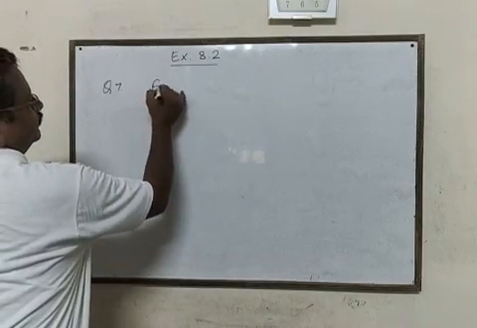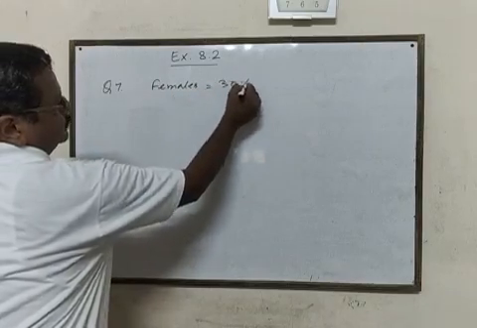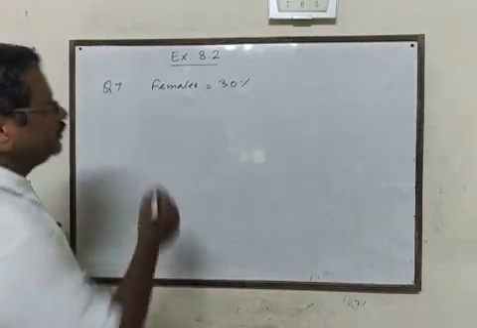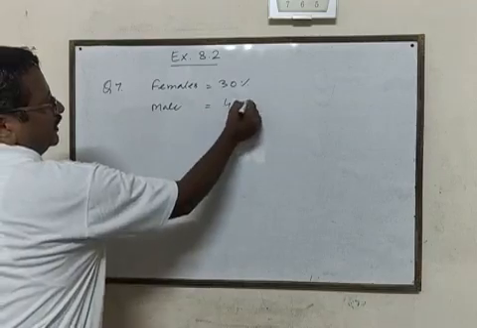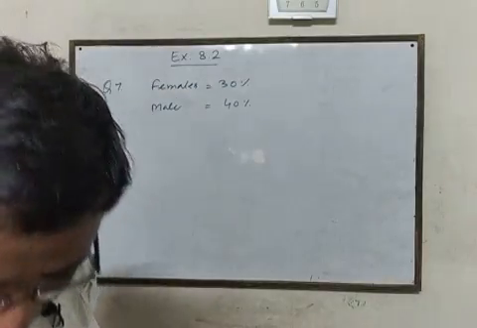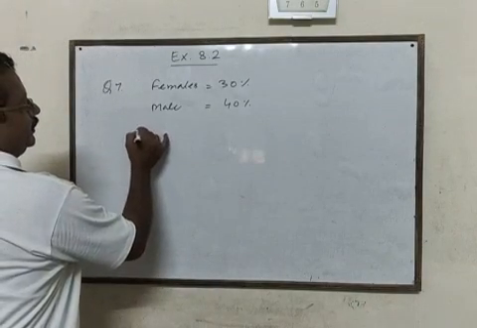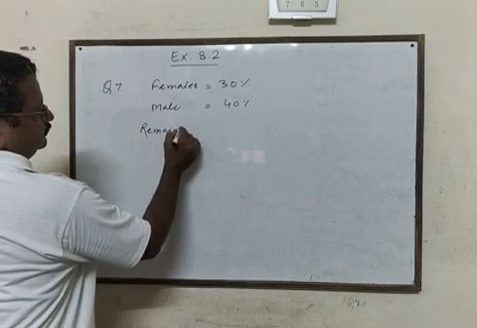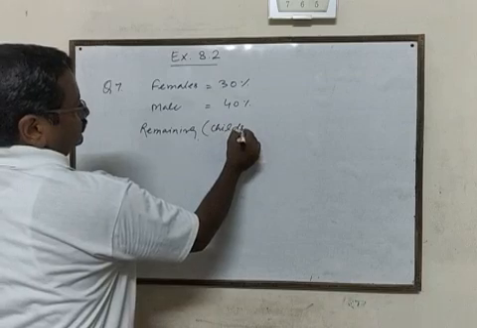Females 30%, male 40%, remaining are children.